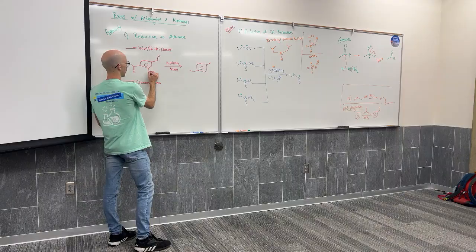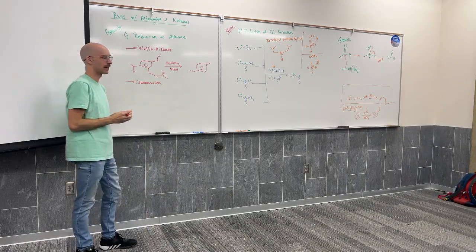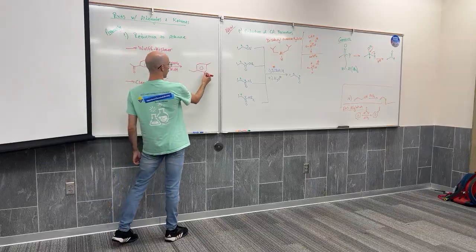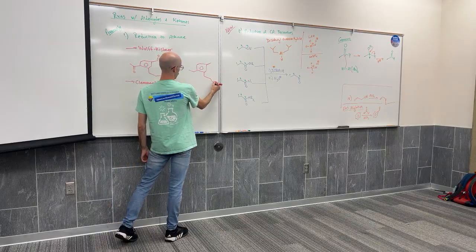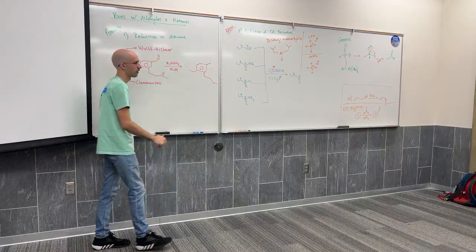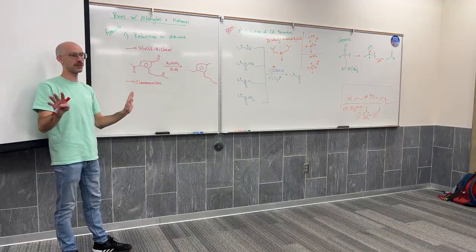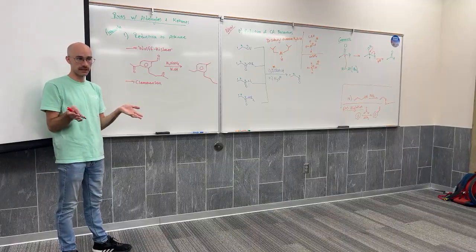We could add in another carbon chain here and just push it really far away from the ring. 1, 2, 3, 4, 1, 2, 3, 4. To show that it doesn't have anything to do with being benzylic. Does that clear it up?